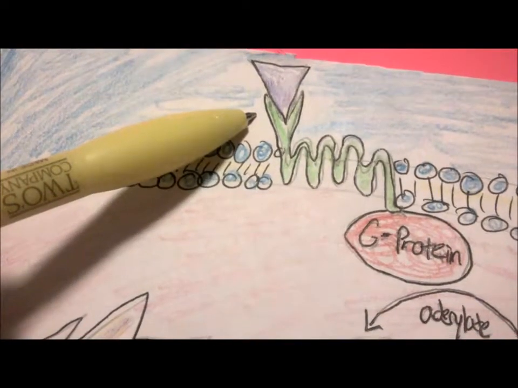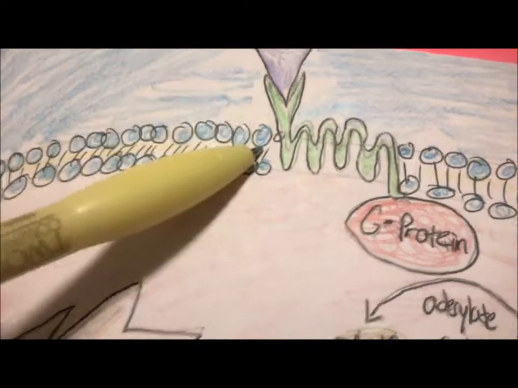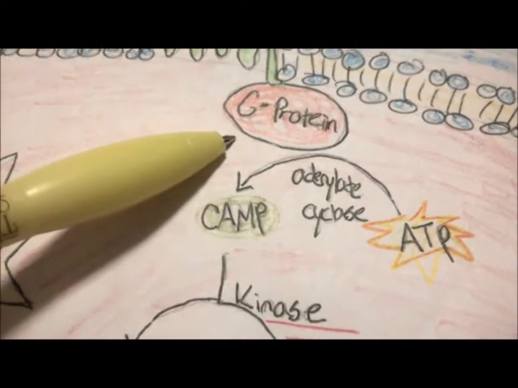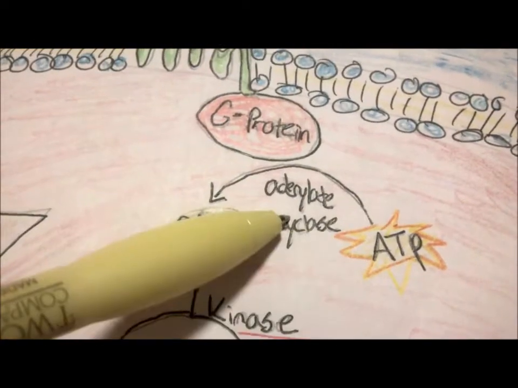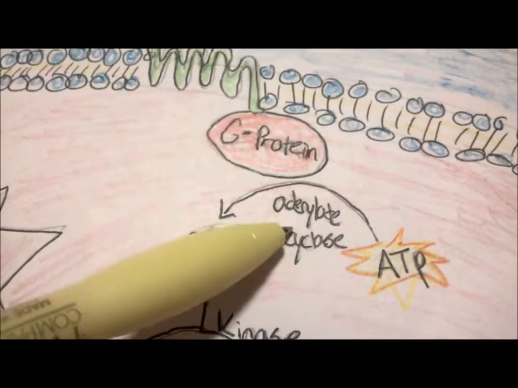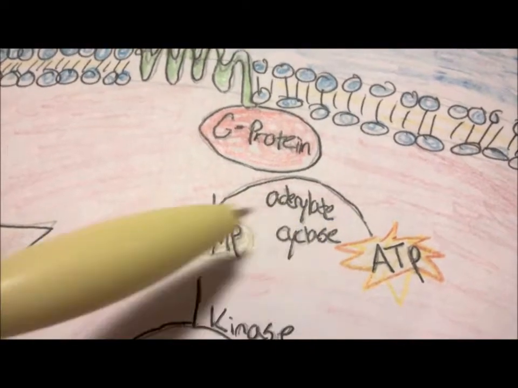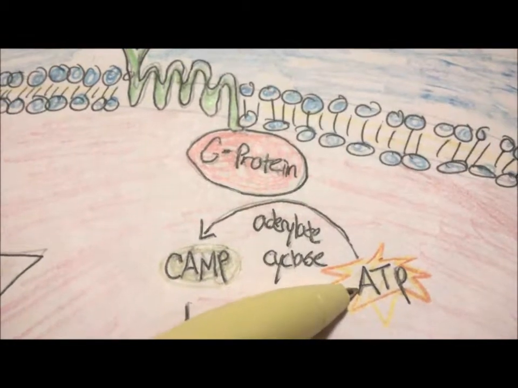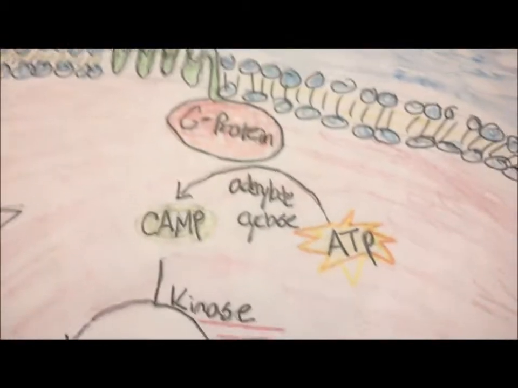A single ligand will bind to a receptor, which will then activate a G protein. The G protein will activate adenylyl cyclase, an enzyme that converts ATP into cAMP by taking away two phosphates.